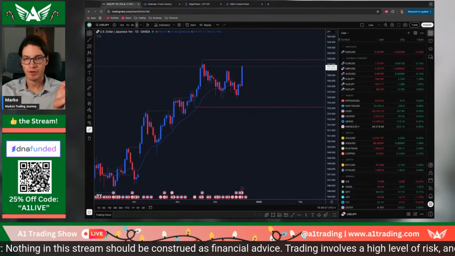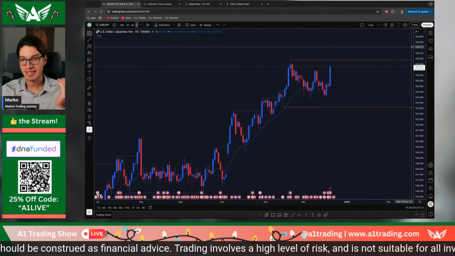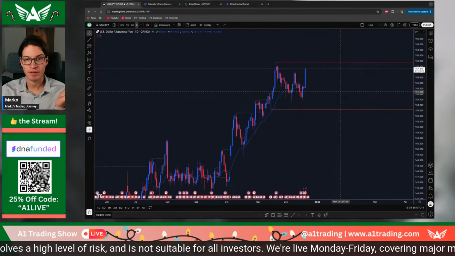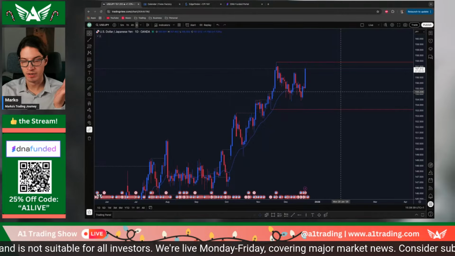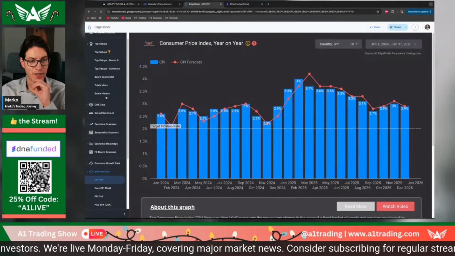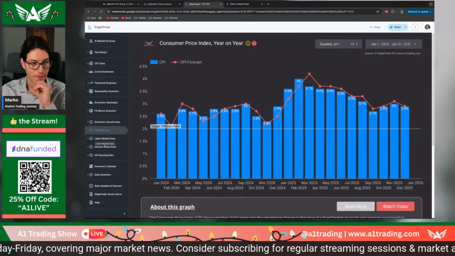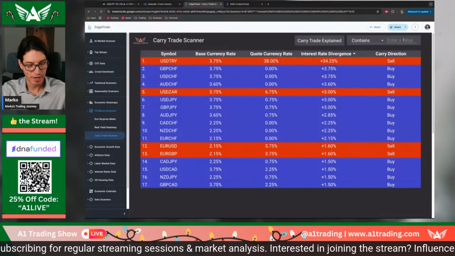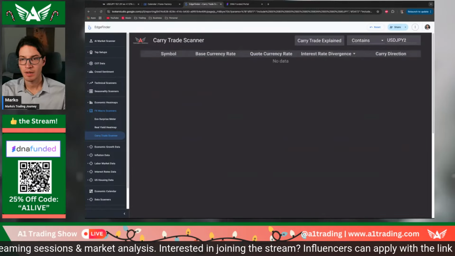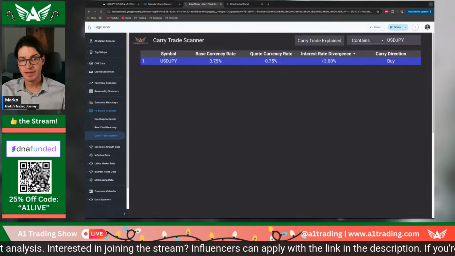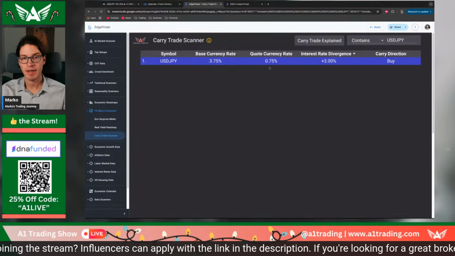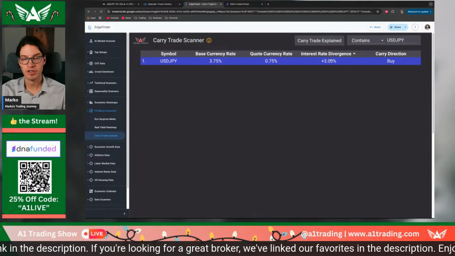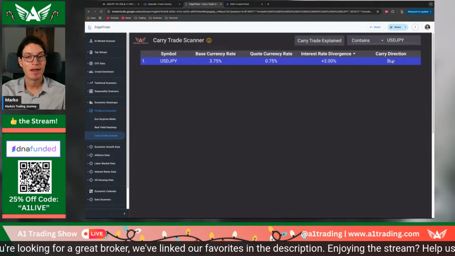So for the dollar, the dollar kind of gained value against the yen. And as far as I can tell from the markets, there was no real unwind of the carry trade. If you go to the Edge Finder, go to the FX macro scanners, go to the carry trade scanner, and type in USD/JPY, you would think that this number is coming down, which it is, and this number is going up, from 0.5 to 0.75, and the divergence is getting smaller, so the carry trade profit is getting smaller.